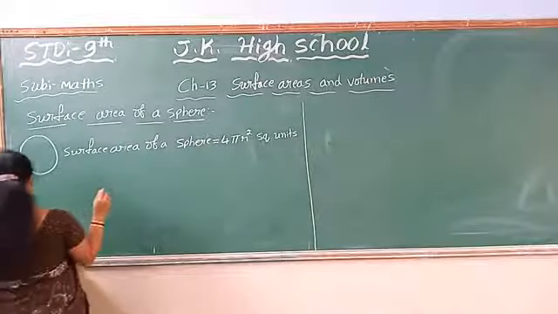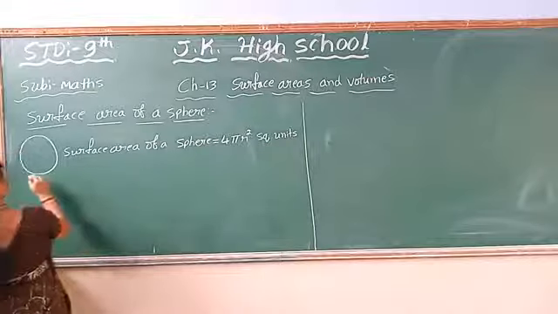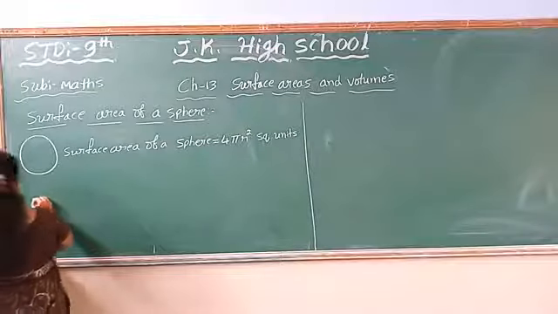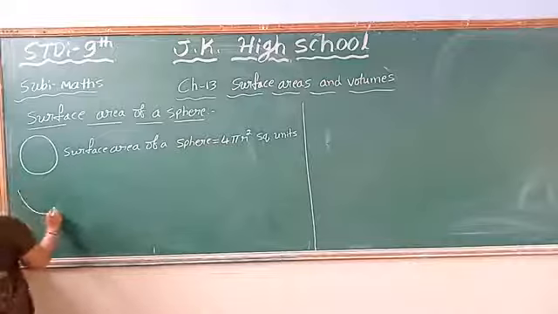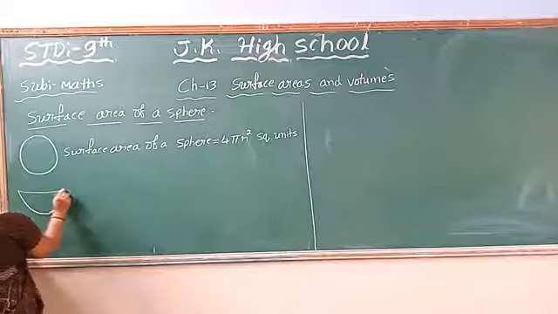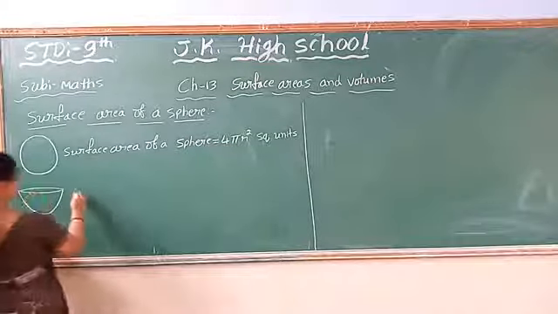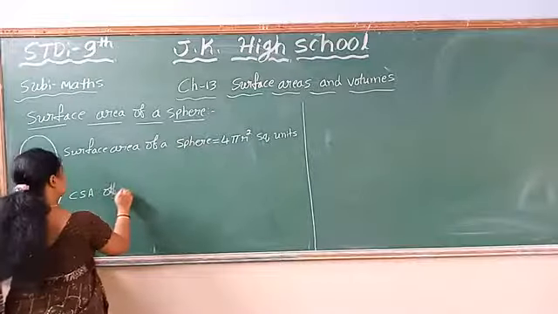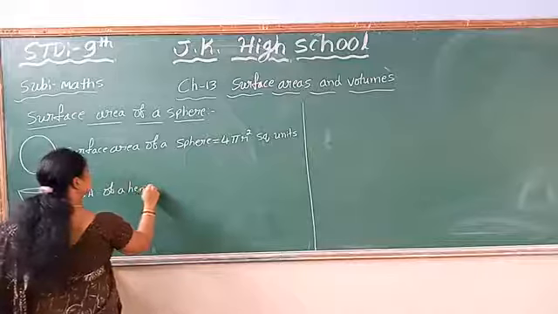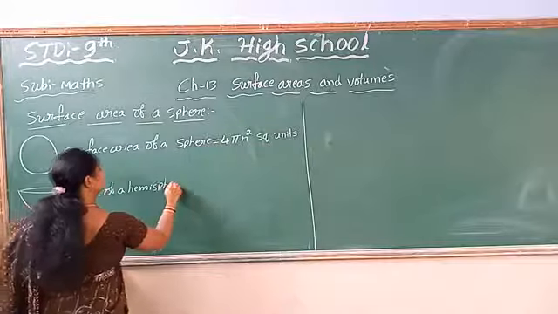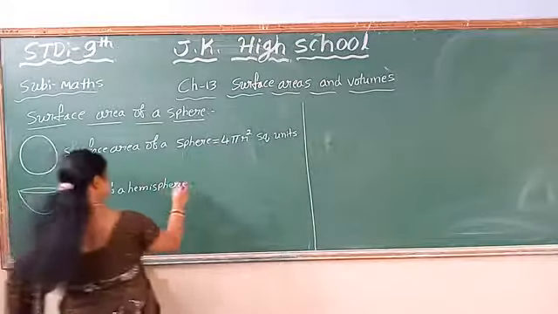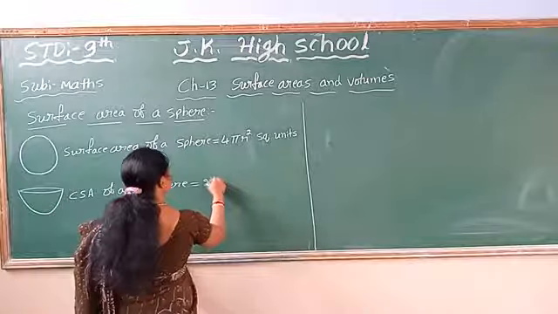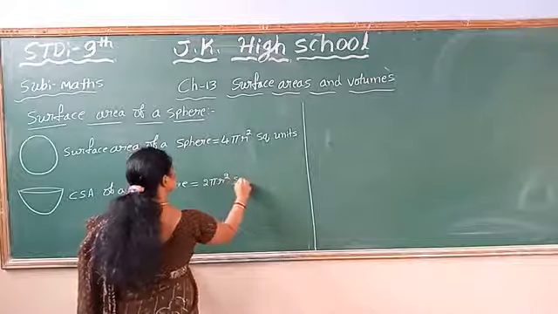Curved surface area of a hemisphere. Hemisphere means half of the sphere. CSA of a hemisphere is equal to 2 pi r square.